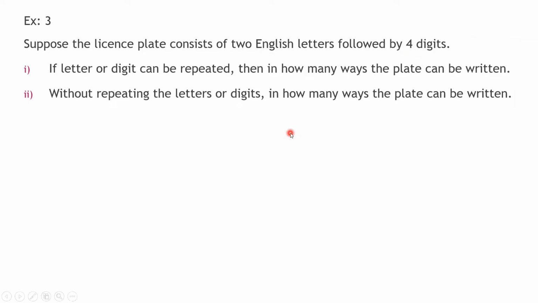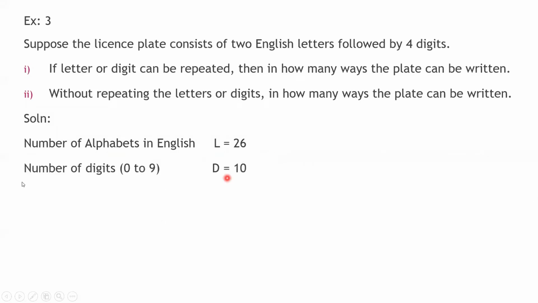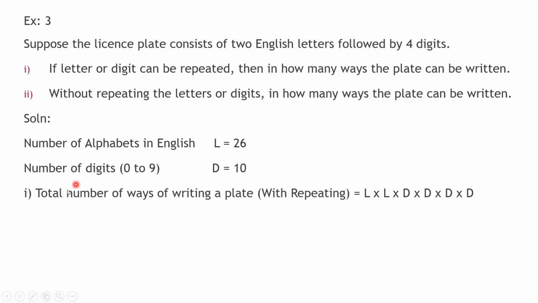Okay, let us see the solution. Number of alphabets in English, we are having 26. Number of digits 0 to 9, that is 10 digits. We'll consider the first case. Total number of ways of writing a plate with repeating.